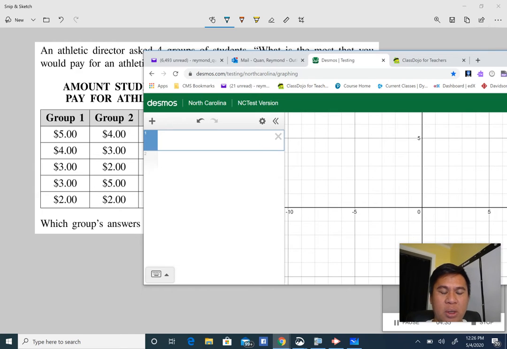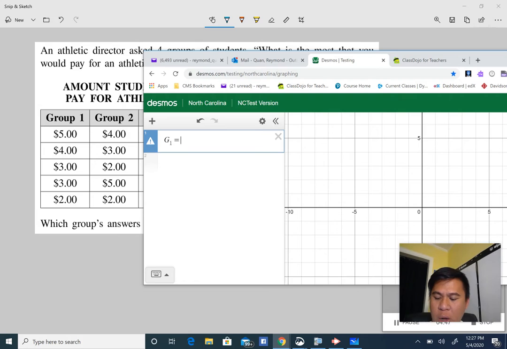On the first line, I would put any name for group one. Maybe I would say G1 in that case. So for that G1, I would put an array of values as given here.